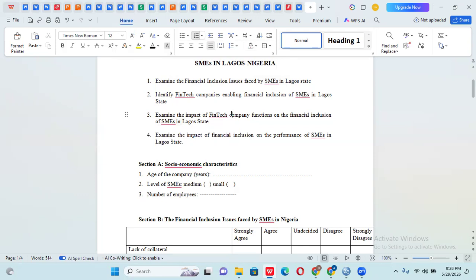Or we can just draw a table that shows strongly agree and those kinds of options, and then list some statements that will capture the impact of this on this. I don't know if I'm making sense. Instead of separating the table of the first variable and the table of the second variable, you join them together and put an option there: do you agree, do you not agree? You understand?